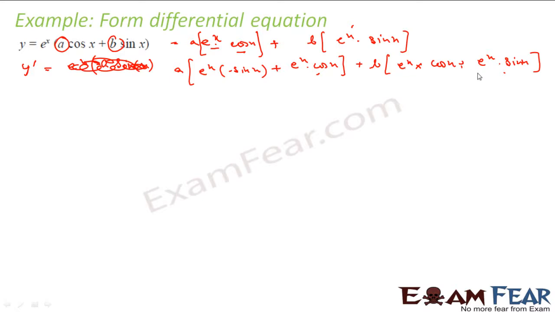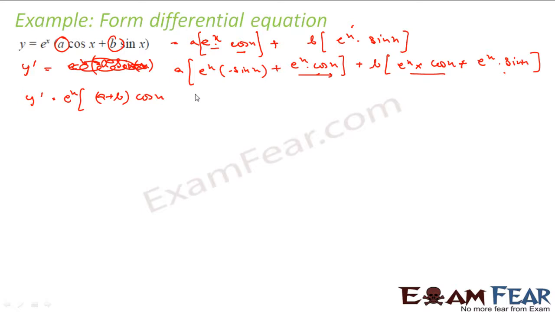So let's rearrange this by taking cos x and sin x part common. So my y dash is nothing but, I'll take e to the power x outside since it is common for all. For cos x, I have this guy and this guy, and both are plus. So that becomes (a plus b) cos x.